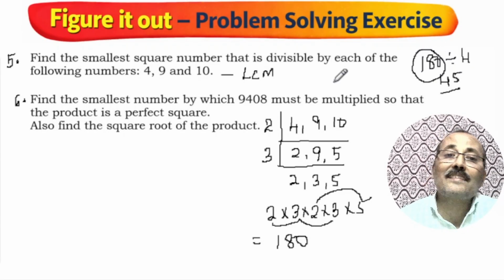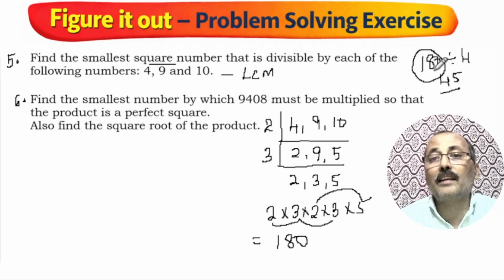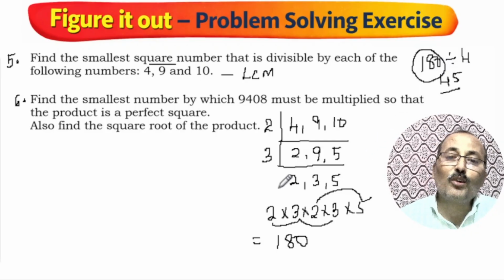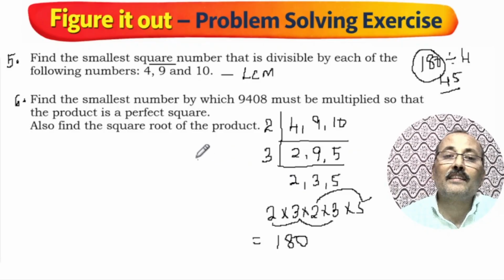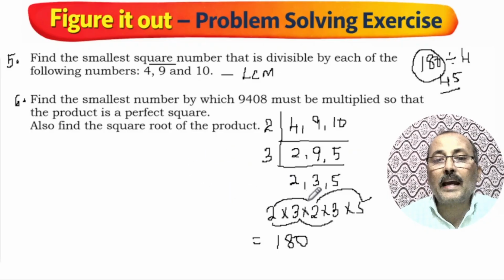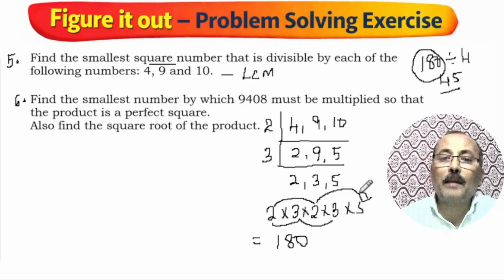But what they're asking is a square number. Is it a square number? No, it should be divisible by a pair. Now, look at this one, how to evaluate that. This has a pair, and this 2 has a pair. Only one number, 5, does not have a pair.